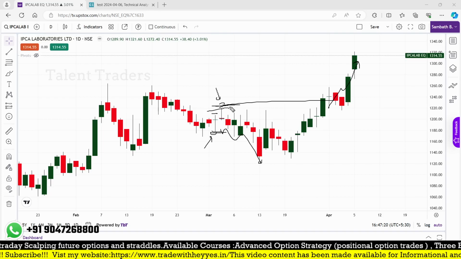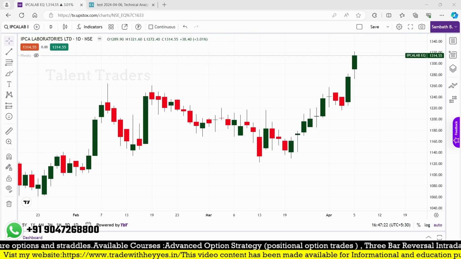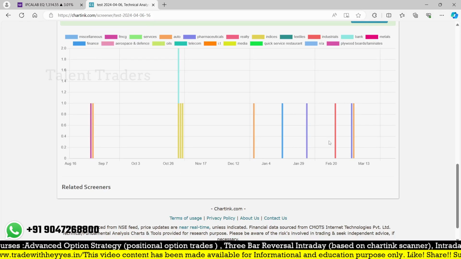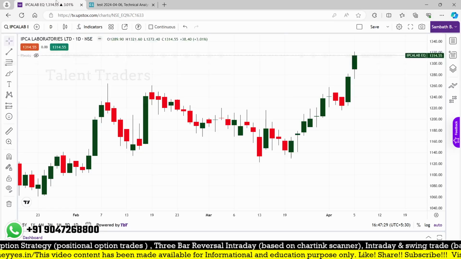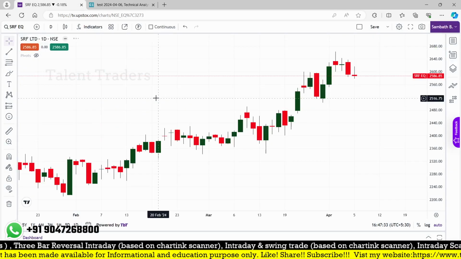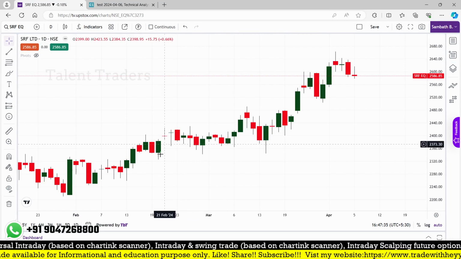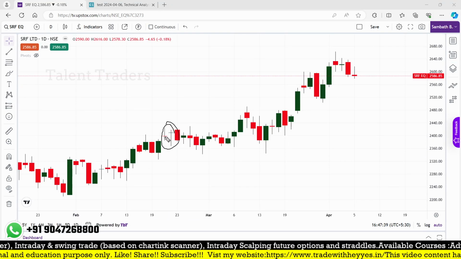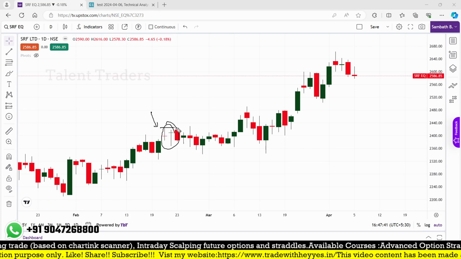Maybe we can test it on many stocks to find out how to use it. But the condition is simply what you said, based on which we created it. SRF, the day of 22nd: there is another two consecutive dojis which forms on this particular stock SRF. So maybe high and low.